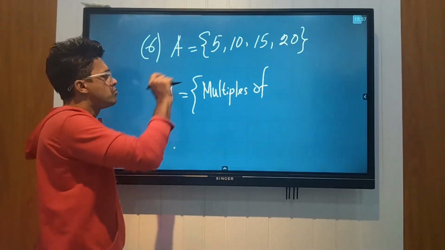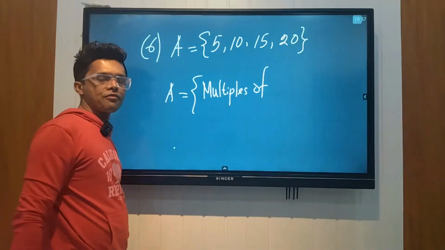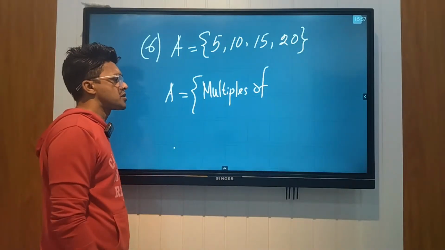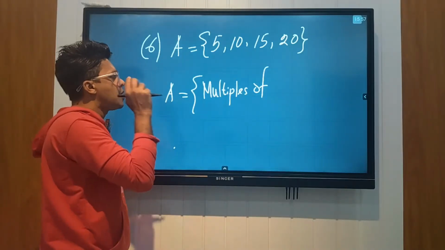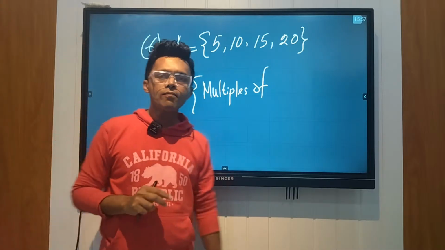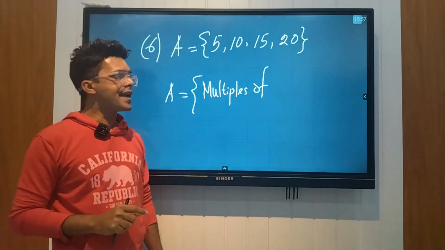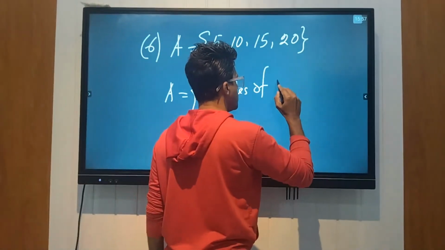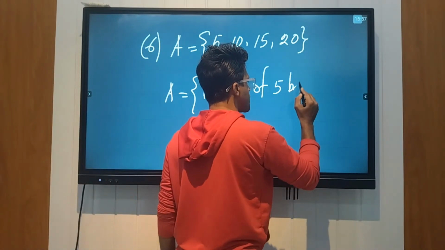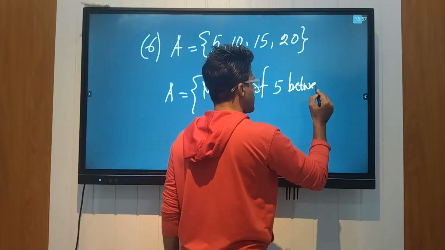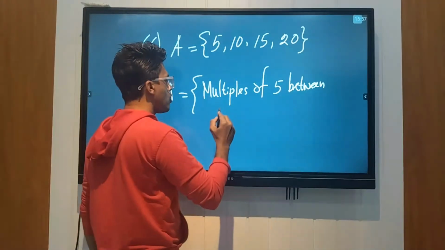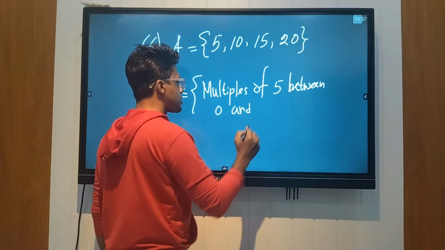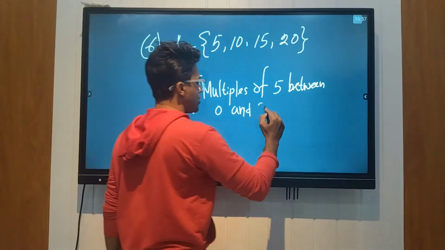No. We can't say all the multiples, because a limited number of multiples can be seen as elements of the set A. So multiples of 5, specifically you need to mention between 0 and 21.